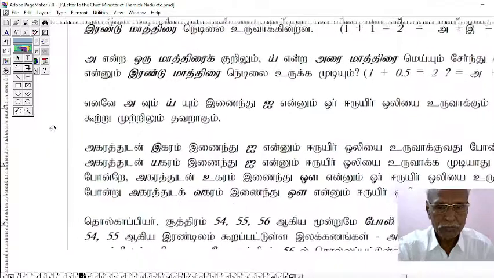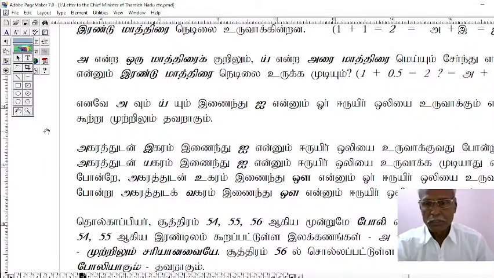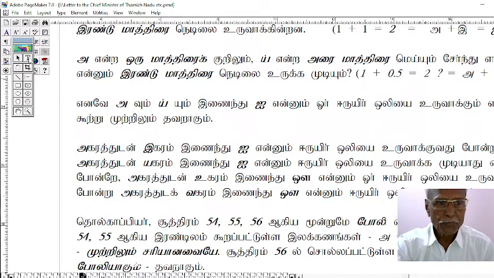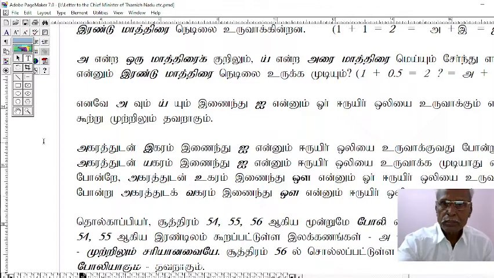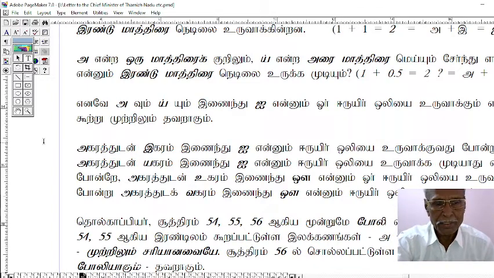So the saying that A and consonant E would combine themselves forming the diphthong I is entirely wrong.